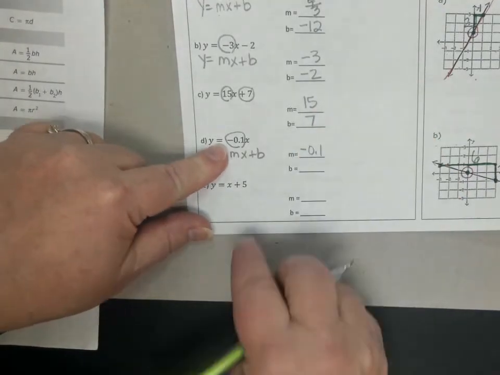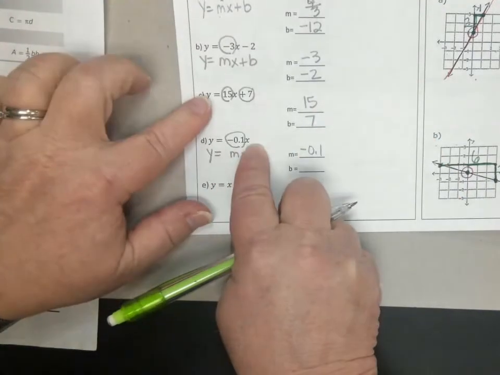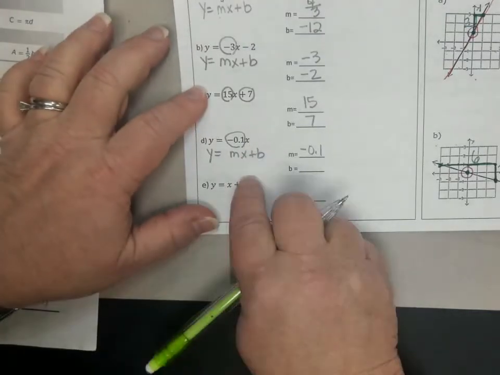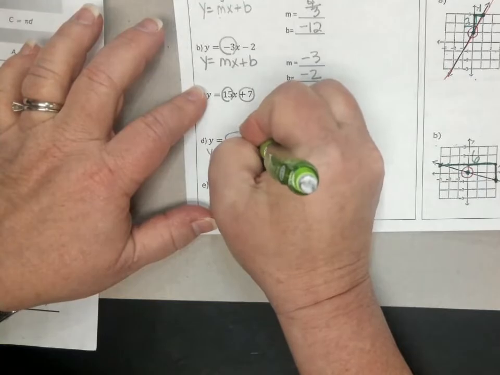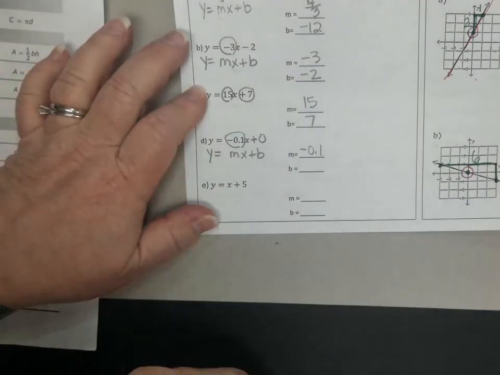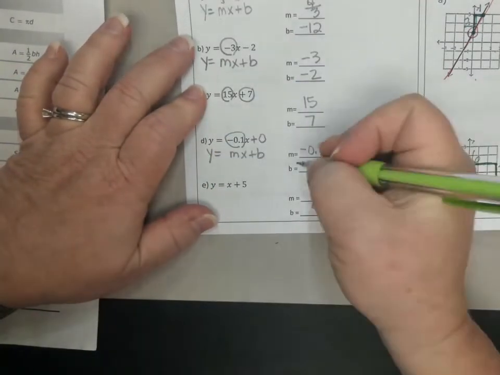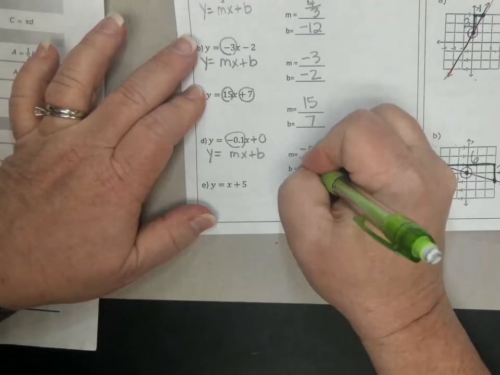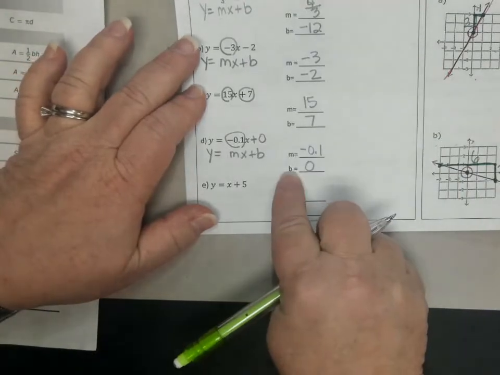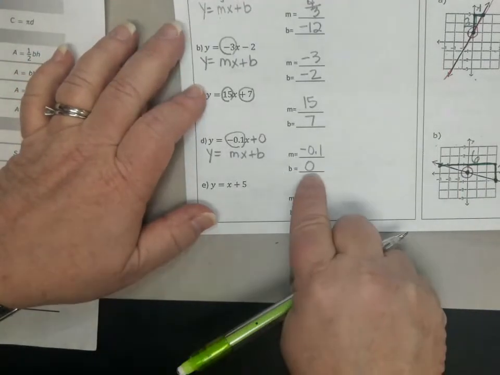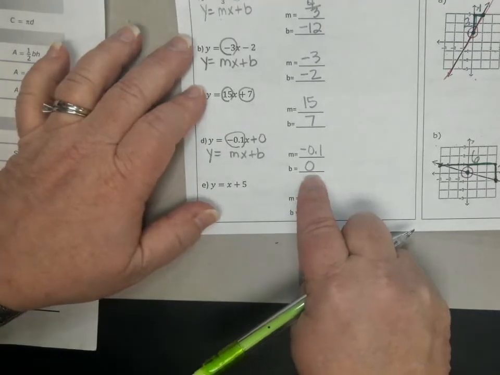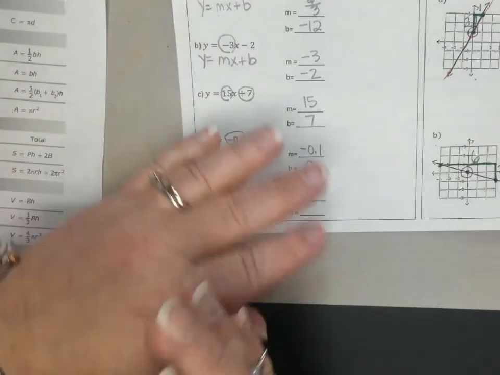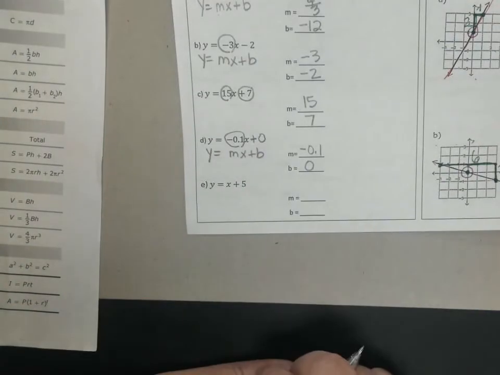When they don't have a constant after it, it's saying that your y-intercept is at 0, or the origin. So you would need to list that, your y-intercept, which is your b, at the origin, if asked, okay? That line is going to go right through where the x-axis and the y-axis cross.